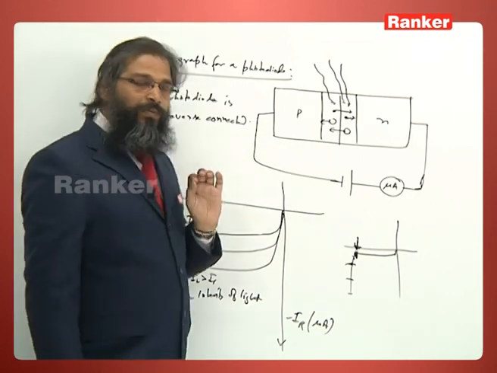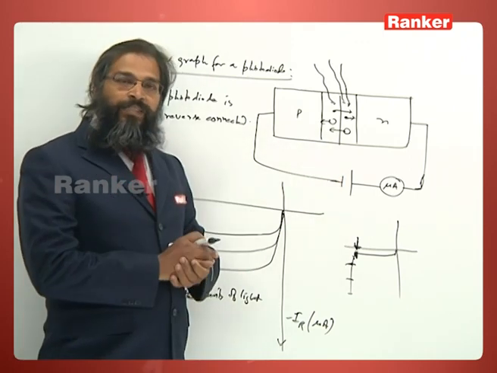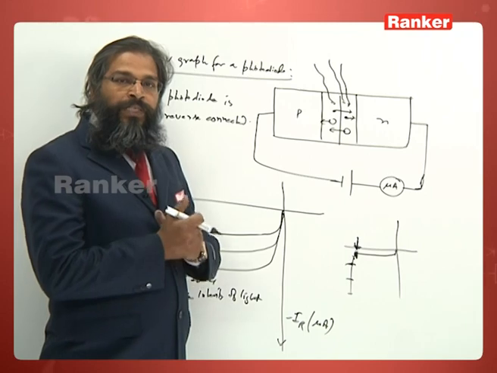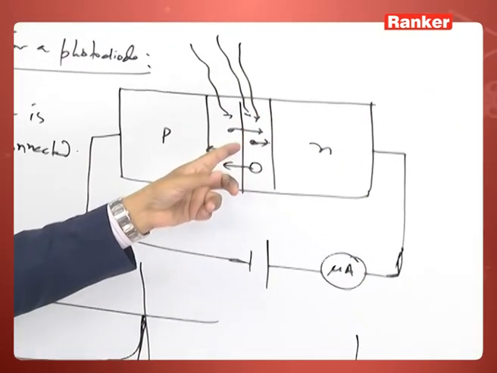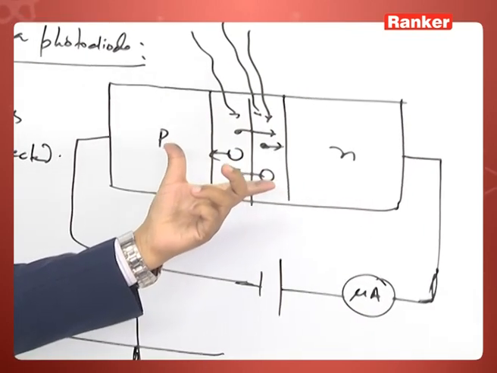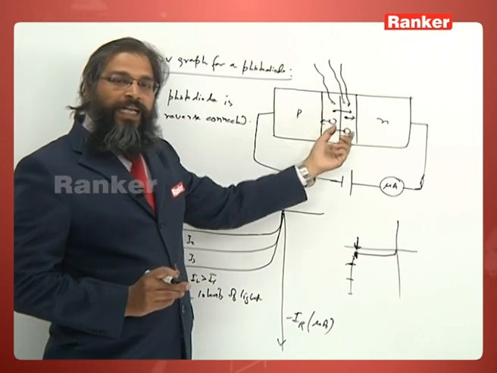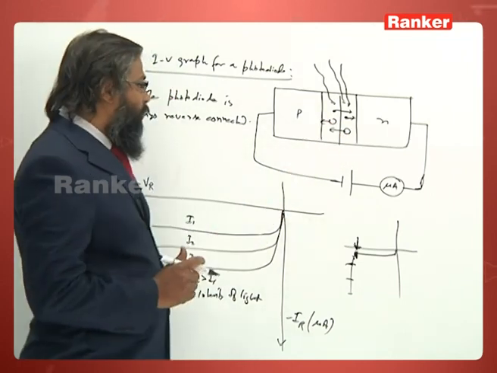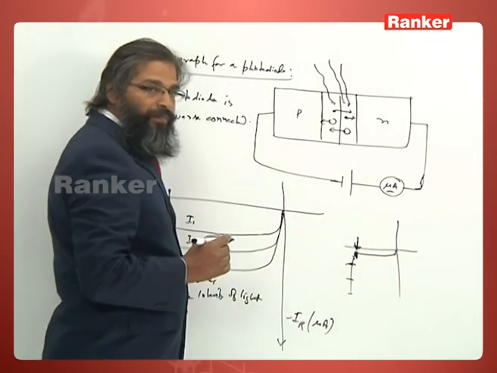So, you see now, the next question let us tackle is why it is reverse biased, why not forward biased. You see here, when light falls in the depletion layer, then carrier generation takes place. As a result, this drift current increases. So, the order of drift current is in microamperes.